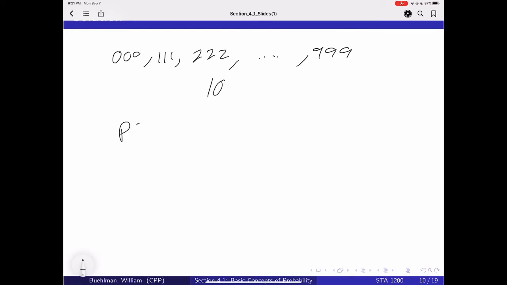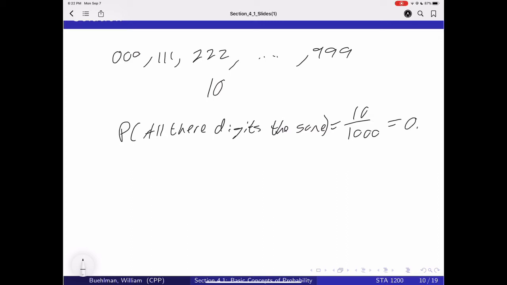So the probability all three digits the same is equal to the 10 outcomes where that is possible over the 1,000 total possible outcomes in the sample space, which is equal to 0.01.